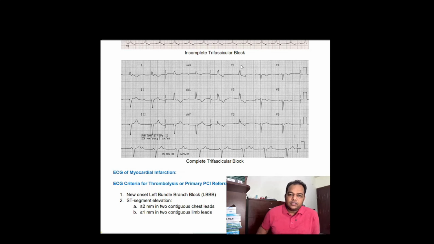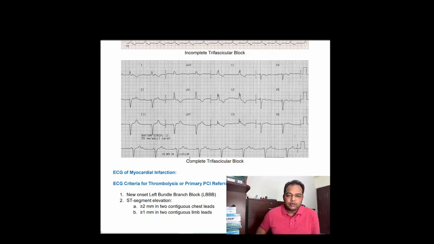You can see there is RBBB, that means M pattern in V1, positive deflection in lead 1 and negative deflection in aVF, which represents left axis deviation. So RBBB plus left axis deviation is bifascicular block, plus there is also a complete heart block.